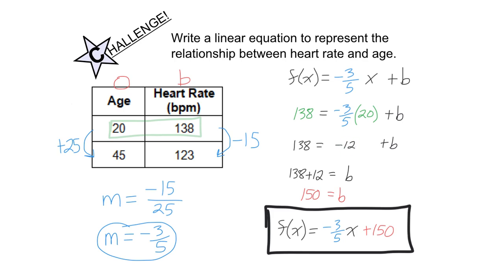So if -12 plus b is equal to 138, then do the opposite. 138 plus 12 is what b is. So that means b is 150. So think back here. When I go back to age 0, that means the heart rate goes back to 150. So now that I know my slope and my y-intercept, I know the function equation is this.